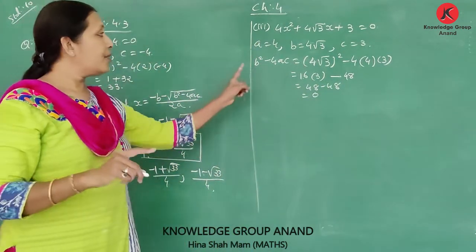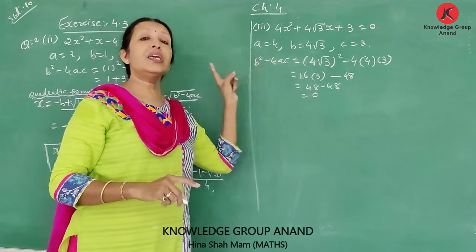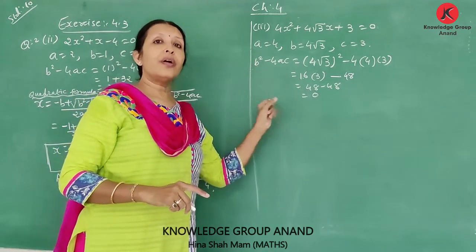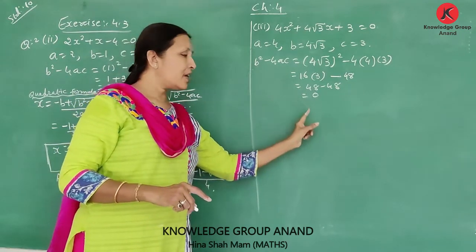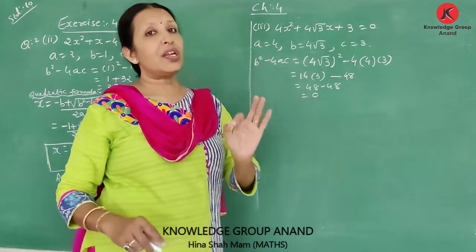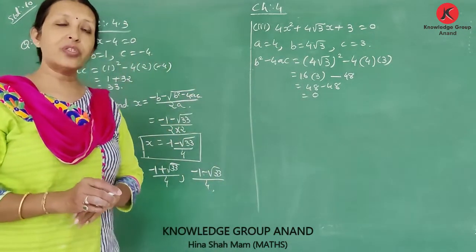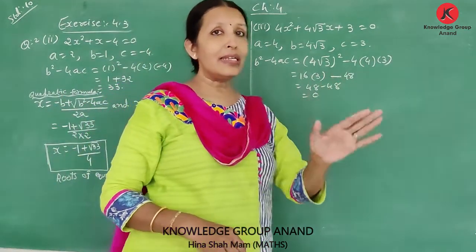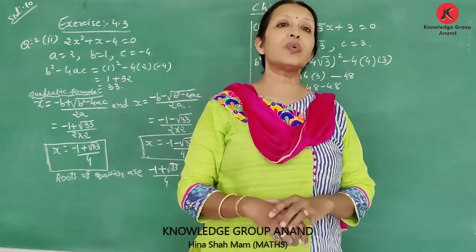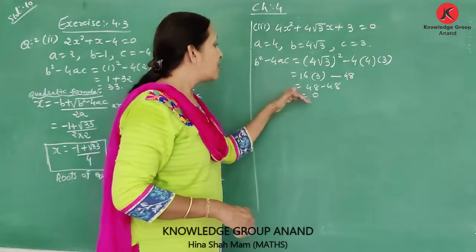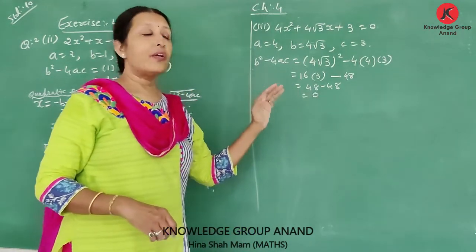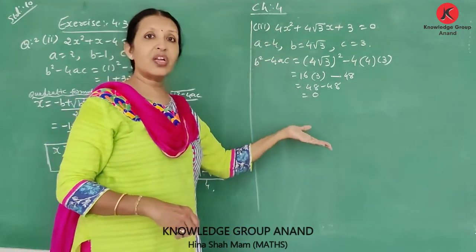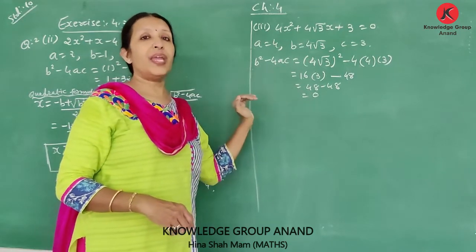If we find the value of b square minus 4ac is greater than 0, a positive number, or equal to 0, then the equation has real roots. But if b square minus 4ac is less than 0, then there are no roots of the quadratic equation, or the roots do not exist.